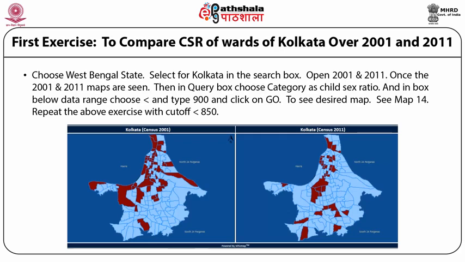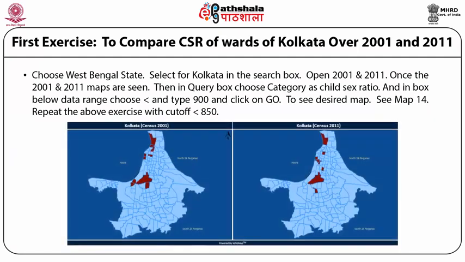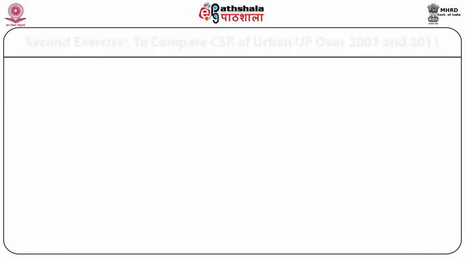Then I open both the boxes of 2001 and 2011 so that I can see both the maps together. And once I see those two maps, I go to the query and choose the indicator child sex ratio. Then I put in the data ranges. Here I'm looking at less than 900, and I can also repeat it with less than 850. So you can see the outcome in the map.